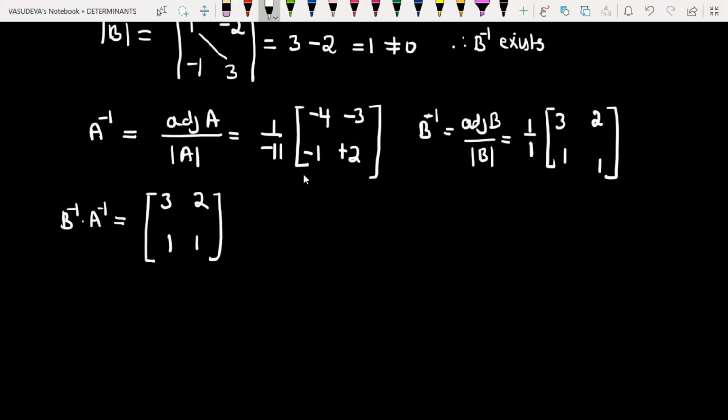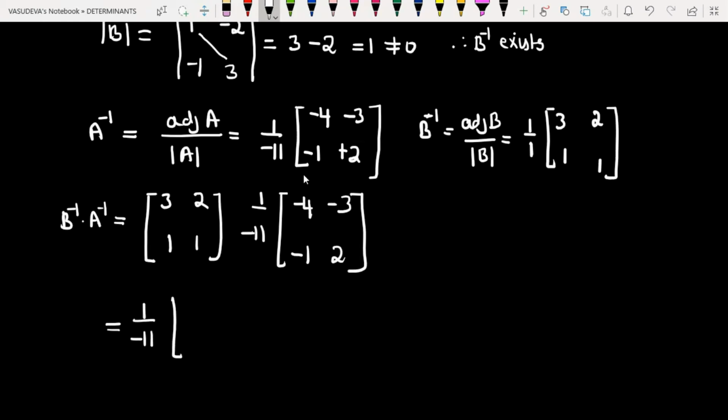A inverse is 1 by minus 11 into minus 4 minus 3 minus 1 2. So don't take minus inside. So therefore, let's write here 1 by minus 11 into 3 2 1 1 and minus 4 minus 3 minus 1 2.